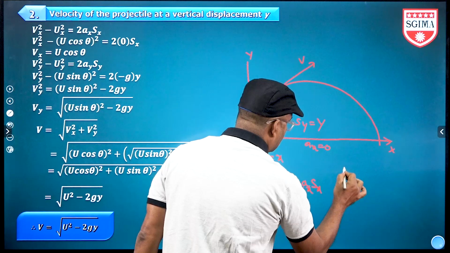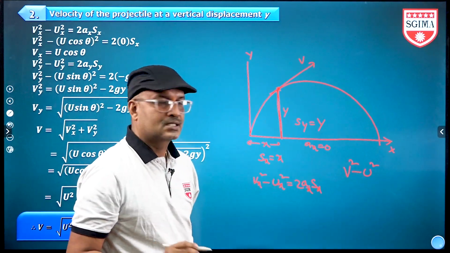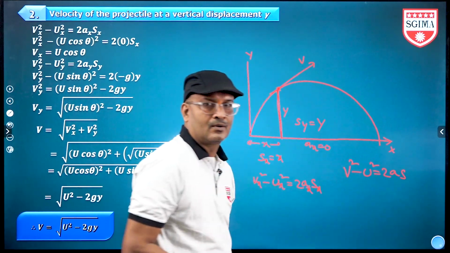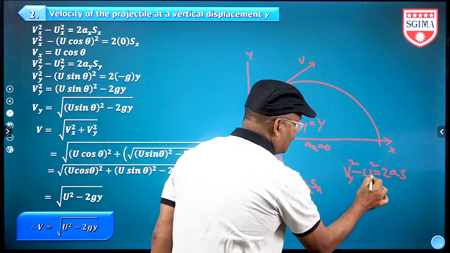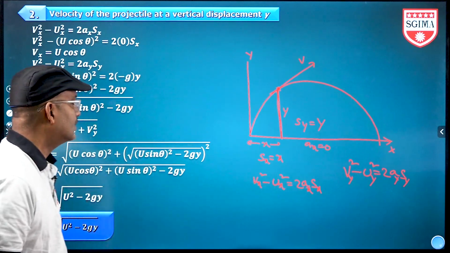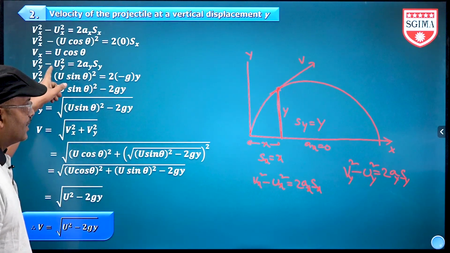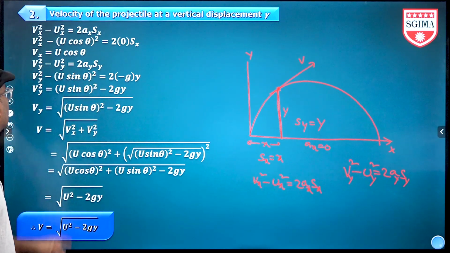Similarly, along the y direction, its displacement is sy. The actual formula I am writing is v square minus u square is equal to 2as, but with ay. So, vy square minus uy square is equal to 2 ay sy.